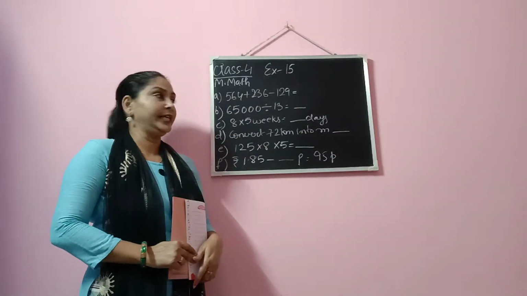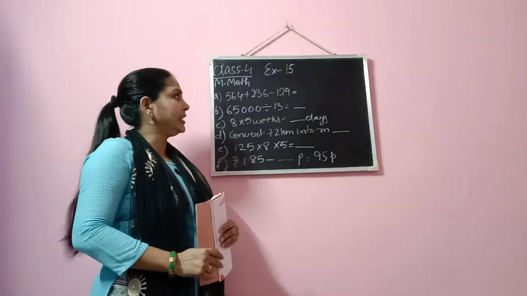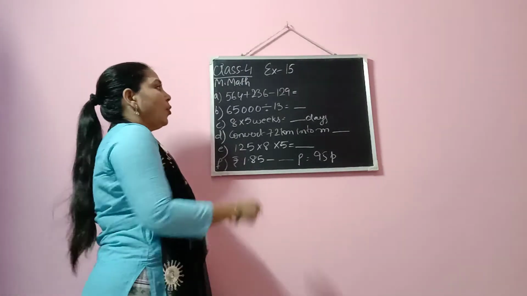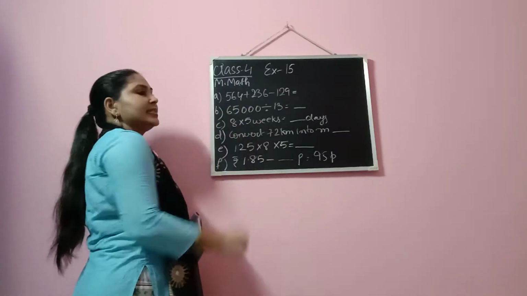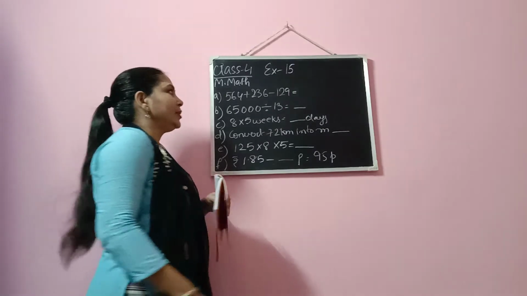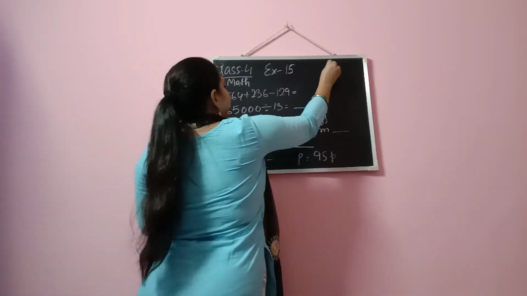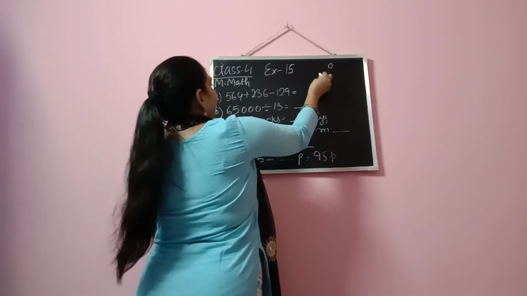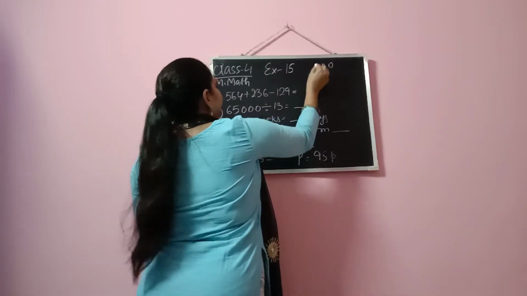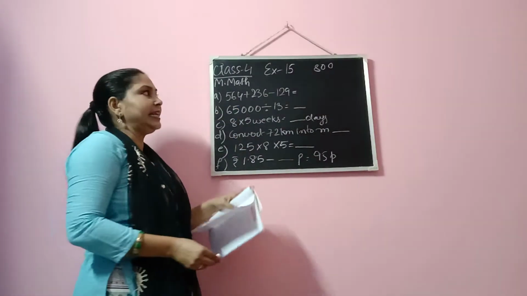The first question is 564 plus 236 minus 129. What you will do, first you will add these numbers and then you will subtract 129. So when you add these numbers, how much do you get? 10, then over here again 10 and then 8. So when we add these two numbers, we get 800.